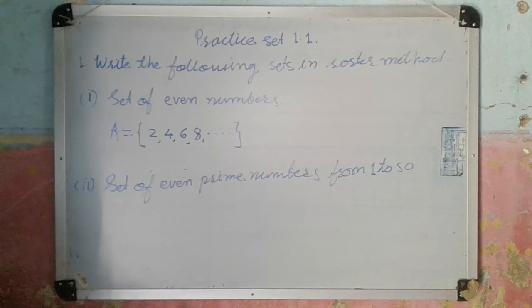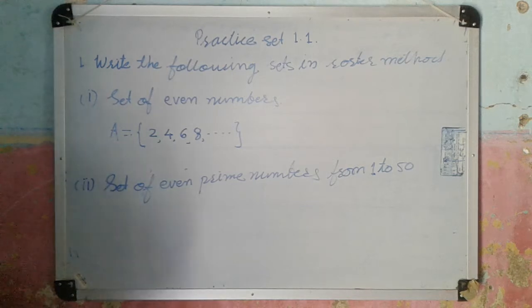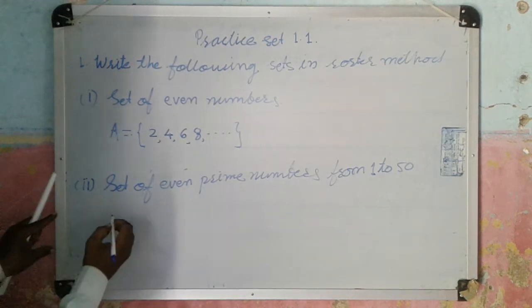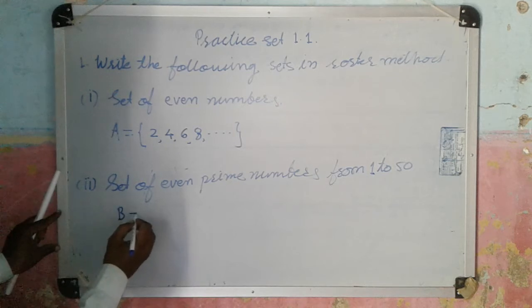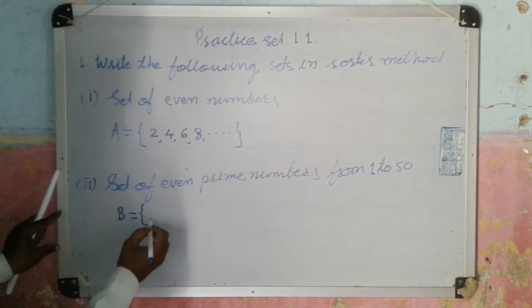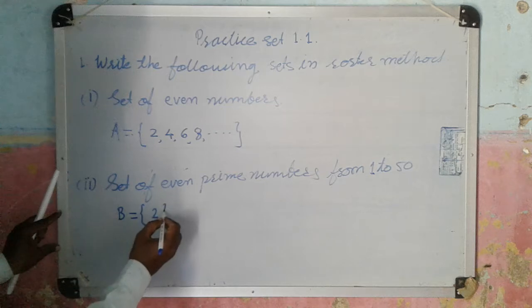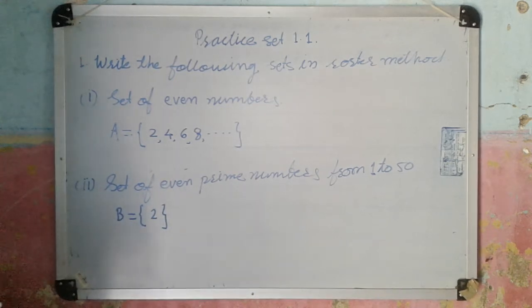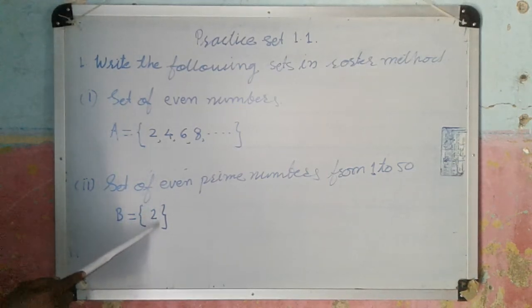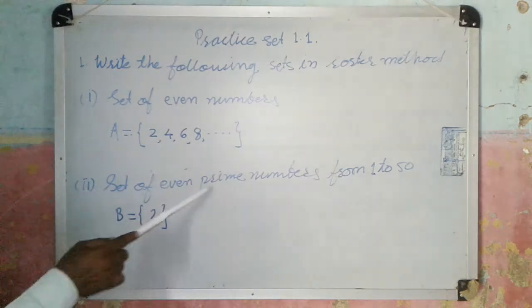There is only one even prime number, and that is 2. So in this set there will be only one element. Let that set be B. So in this set only one element is there, and that is 2. 2 is the even prime number.